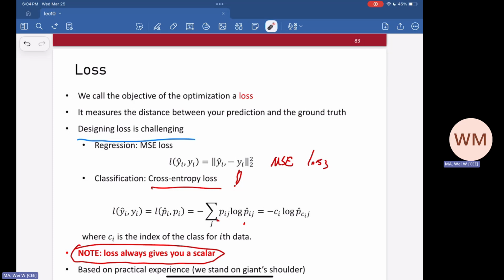For your specific task, usually there will be some loss developed by people, and you just use that one. Designing a new loss is already a very good paper. This is very difficult in many cases, so I suggest that, based on practical experience, people have already developed a lot of losses for different tasks. You just use them.